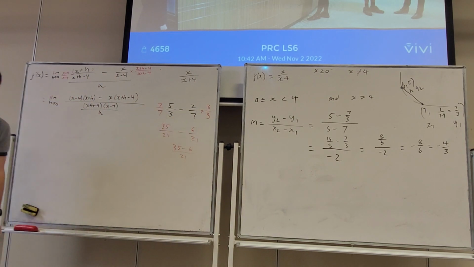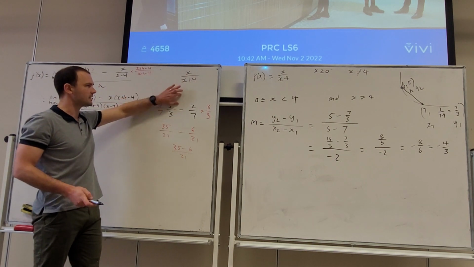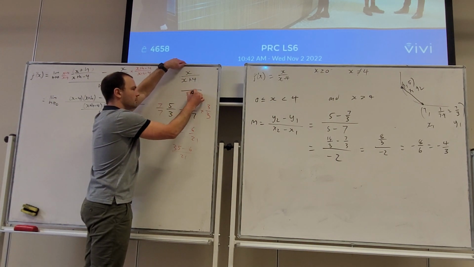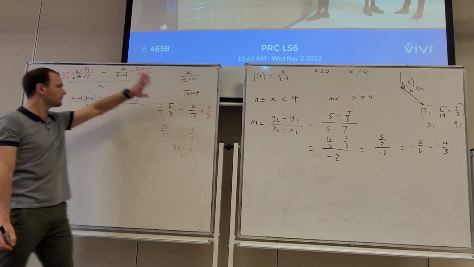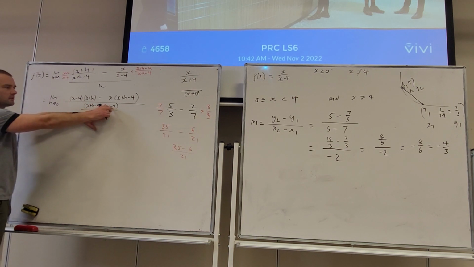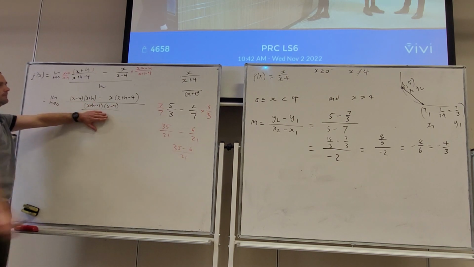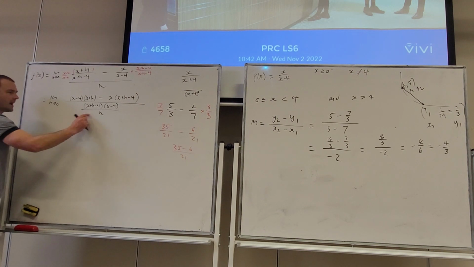If you were to do this using the quotient rule, you've got u on top of v. When you process it, the bottom is going to be x plus 4 squared. That's what the denominator has to be. We can confirm that over here. If we've got x plus h take 4 times x take 4, when you sub in the h, that's going to disappear. You have x take 4 squared. That's showing us we're on the right path. It's showing us that's what the denominator is. I'm rambling. The h can come up here.